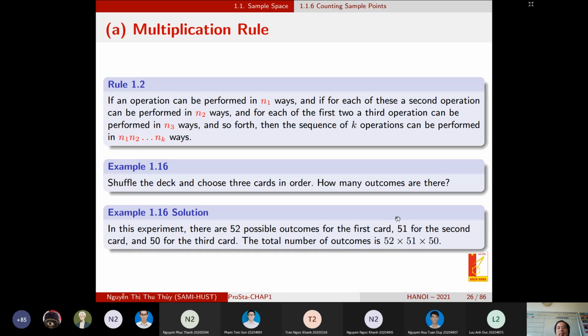Then we choose the second card, and because there's only 51 left, we have 51 possibilities. For the third card we have only 50 ways to choose. Then for the total number we employ the multiplication rule to get the answer: 52 multiplied by 51 and multiplied by 50.